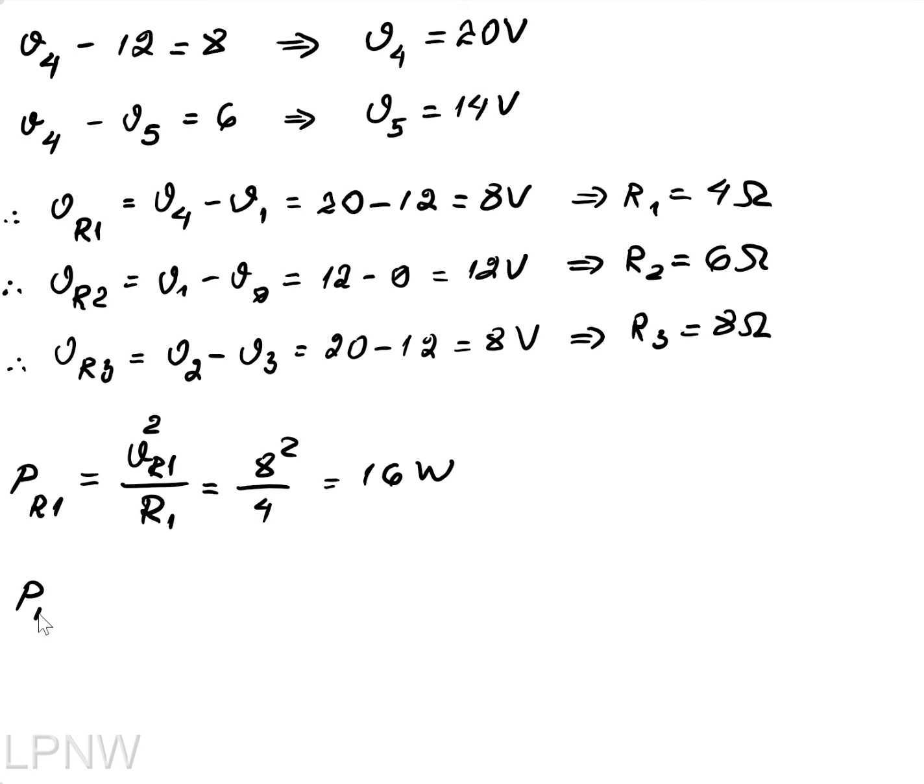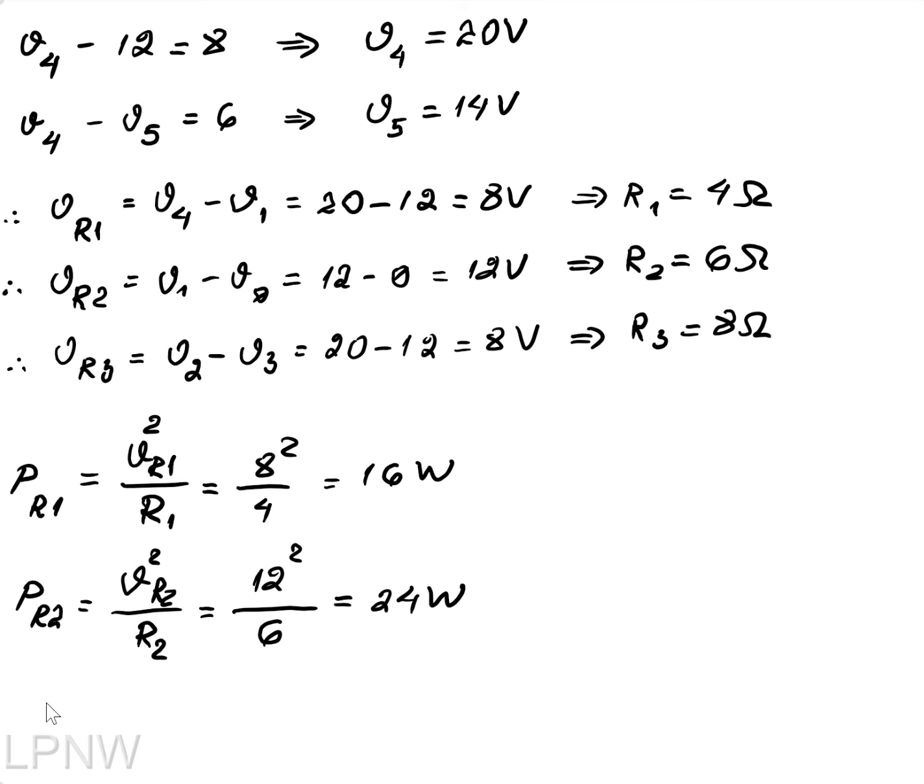Then the power related to resistor R2 is the voltage squared across R2 divided by the resistance of R2, which is 12 squared divided by 6, giving 24 watts.